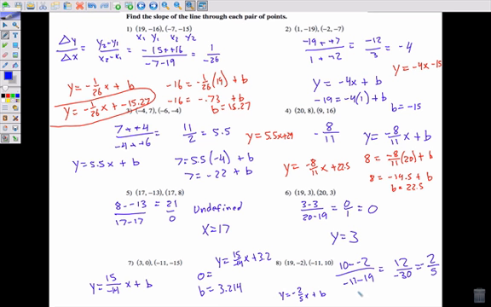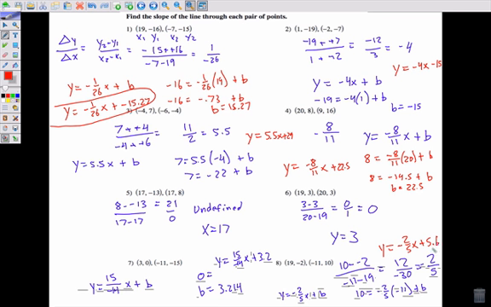We're going to plug in some values here, so we're going to go 10 equals negative 2/5 times negative 11 plus b, and that's 4.4. 10 minus 4.4 is 5.6. So we get a b of 5.6. Y equals negative 2/5 x plus 5.6.